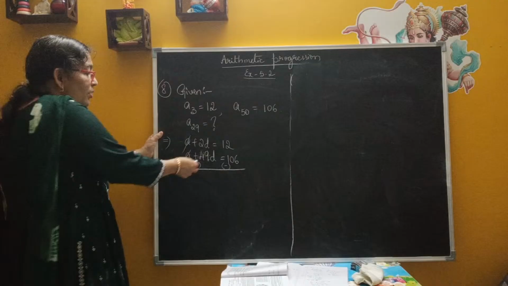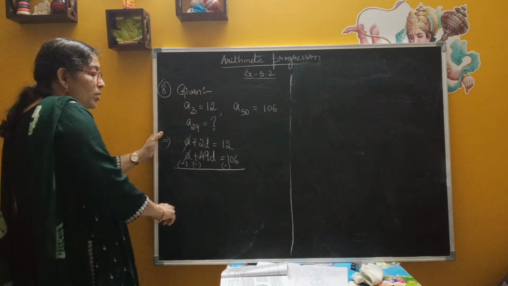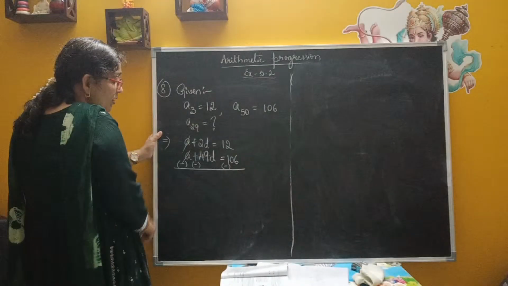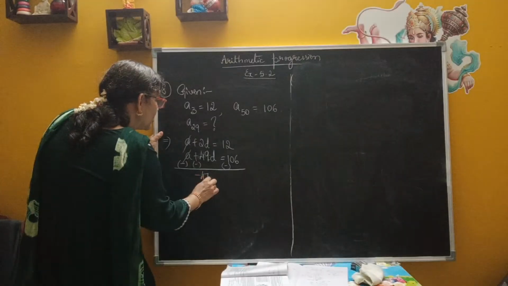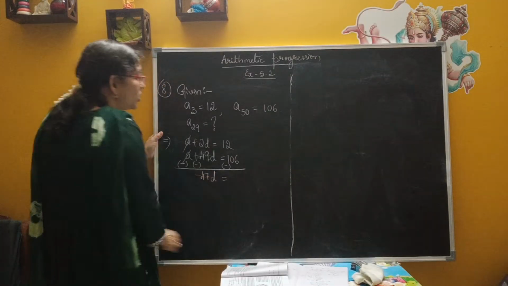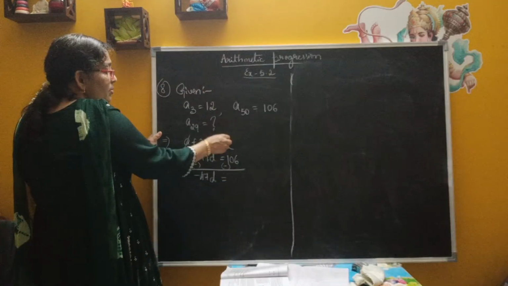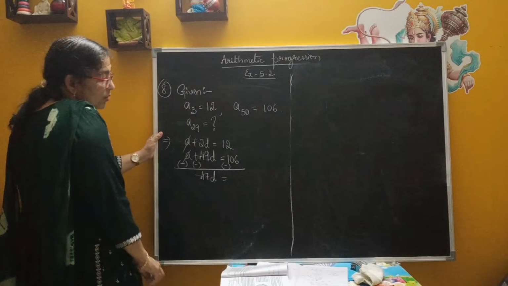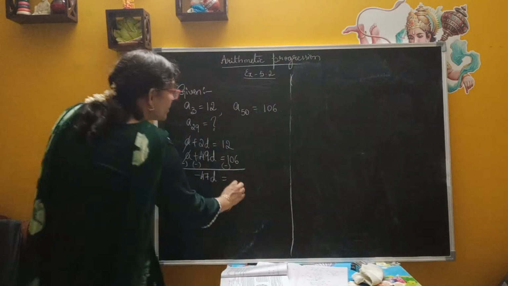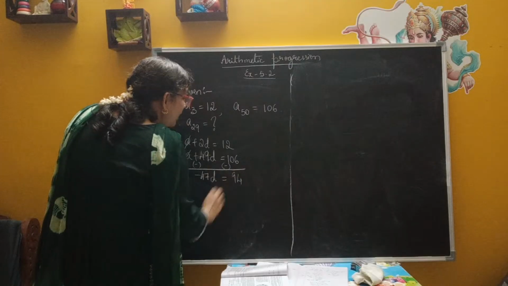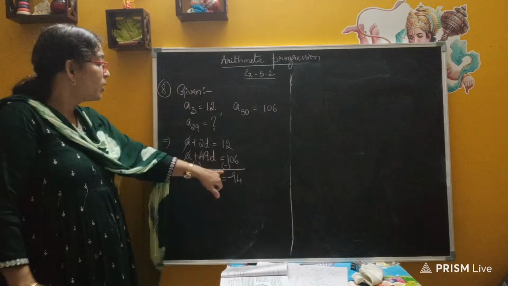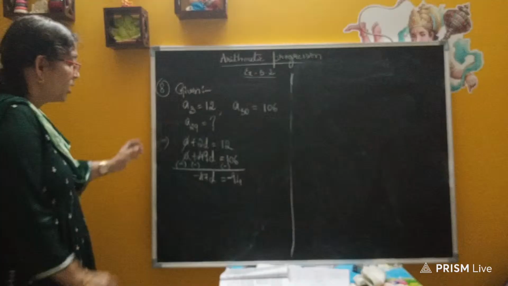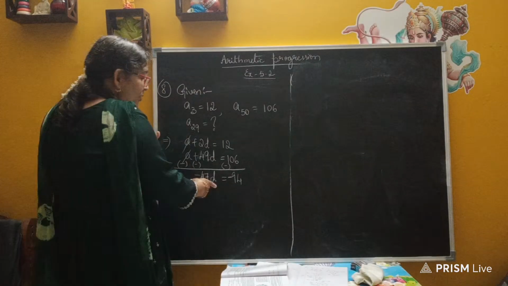Actually you have to subtract. 49 minus 2 is 47. 49 is the greater number, so the sign is minus. So minus 47D is equal to 106 minus 12. What do we get? 94. Because 106 is the greater number, it has negative sign. Minus 47D is equal to minus 94.